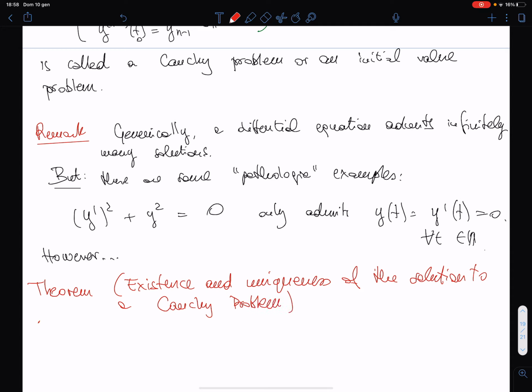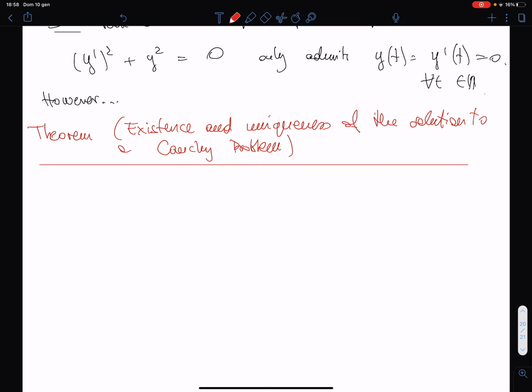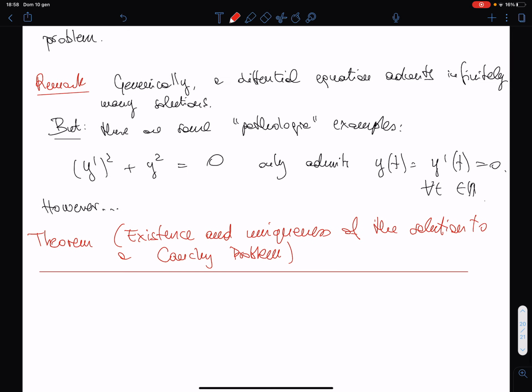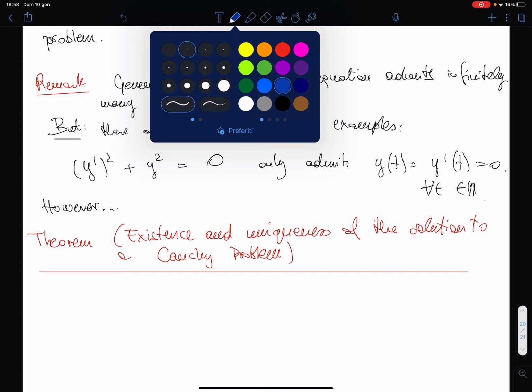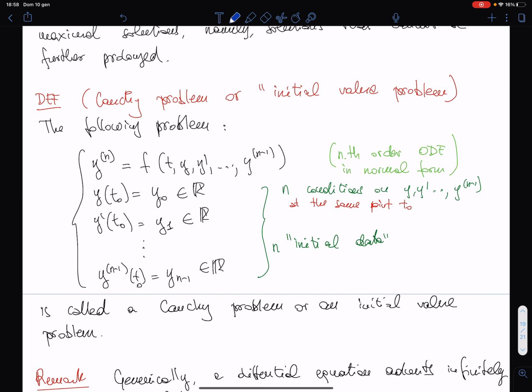The theorem is the following. Consider the Cauchy problem, like before. This is the Cauchy problem.